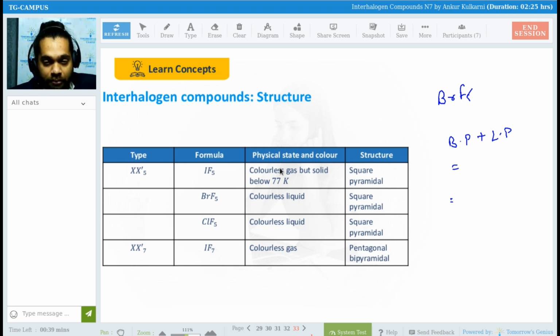Kirtini. Solve the VSEPR. Come on. How many bond pairs we have? How many lone pairs we have?